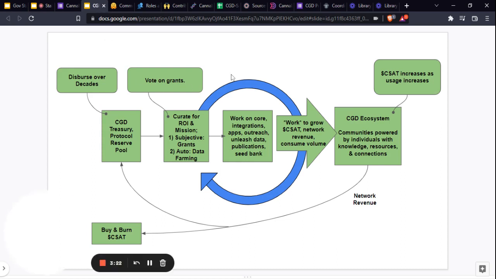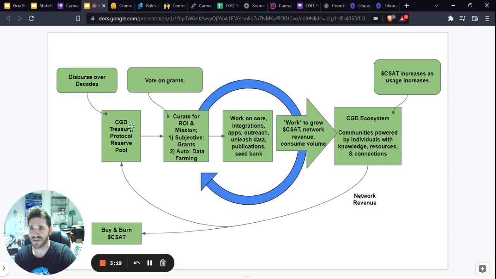Essentially, when those tokens flow out to the treasury and the reserve pool, those will be used to curate for return on investment and alignment with our mission to incentivize open source cannabis research and align public and private interests. So we, as a community, will vote on grants. That's subjective allocation.